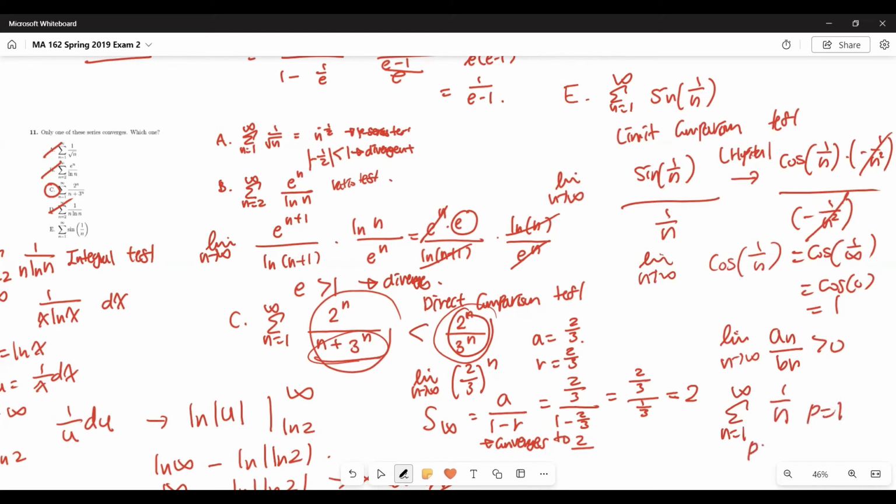If p is 1, it diverges. Sorry. So E doesn't work. So the answer for this question is C.